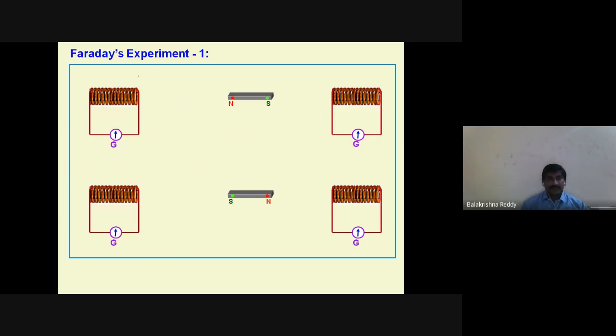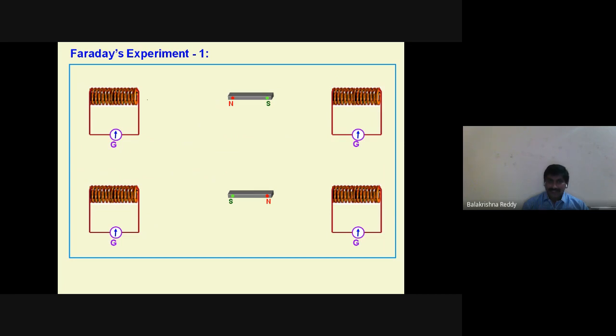Next, Faraday's experiment, to see how magnetic flux affects the coil. You can see here, this is a magnet. When this magnet moves towards the coil, look at what happens.